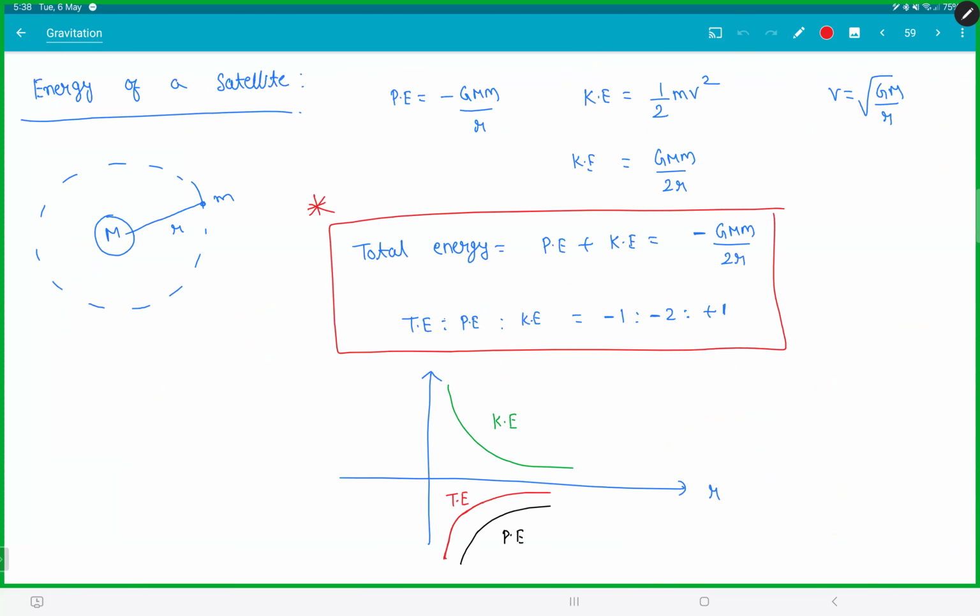So let's say the force between the satellite and the planet is given by F is equal to minus C by R power N. C is some constant.